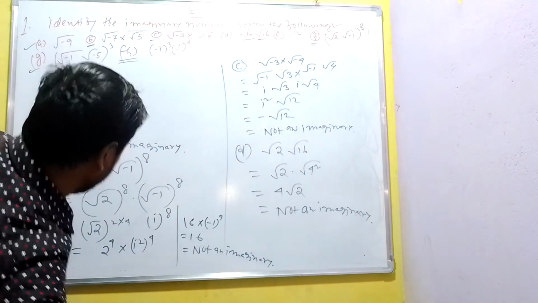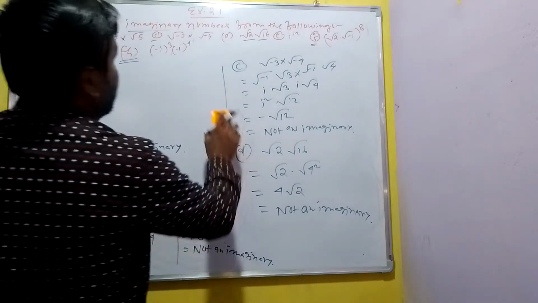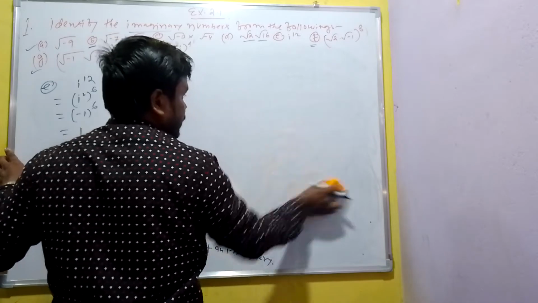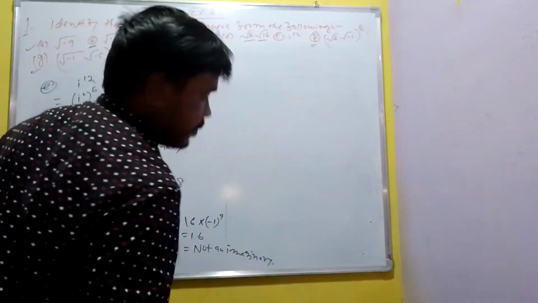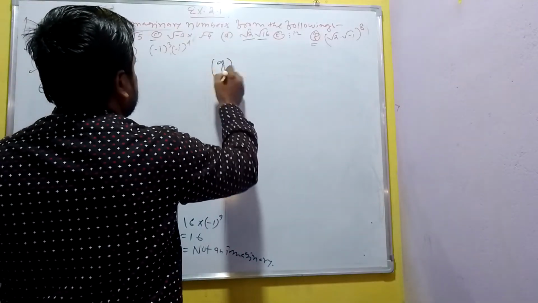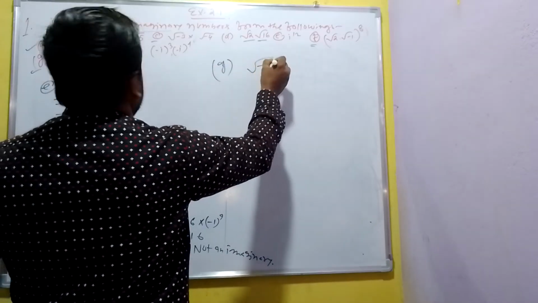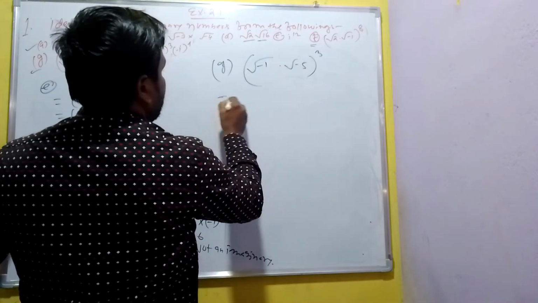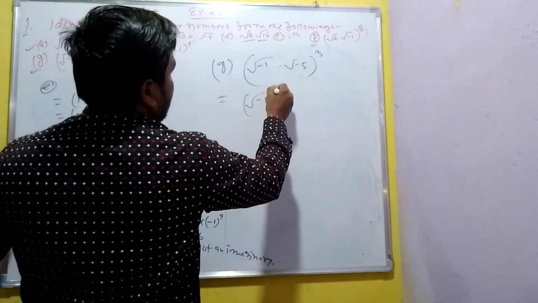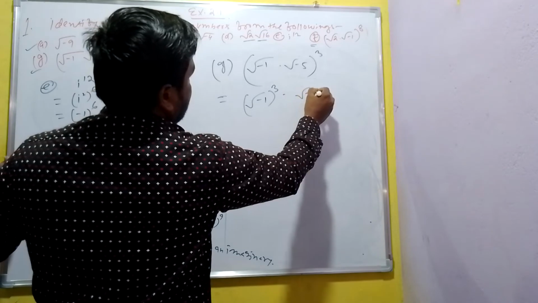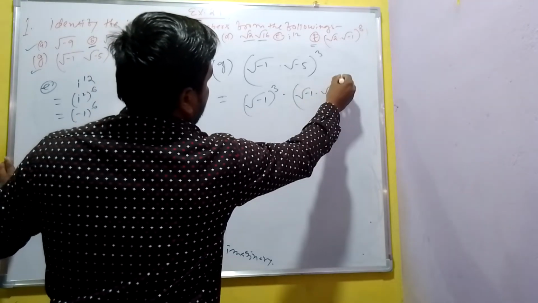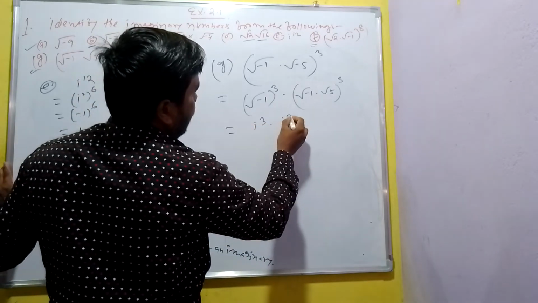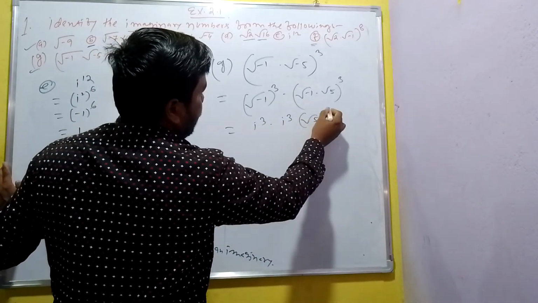Okay, now question number G. So under root minus 1 under root minus 5 whole cube. Okay, so you can write minus 1 whole cube into minus 1 root 5 whole cube, so i cube root 5 whole cube.